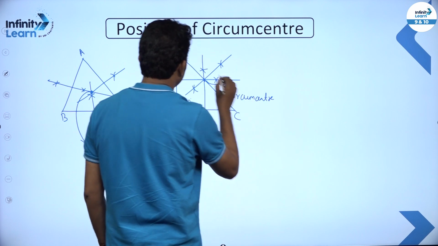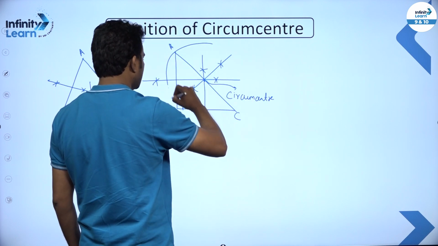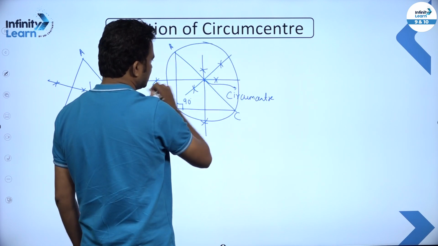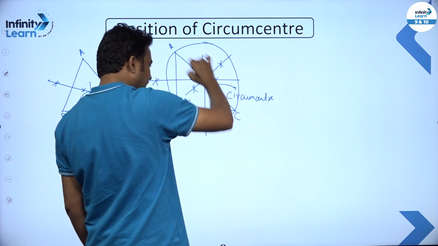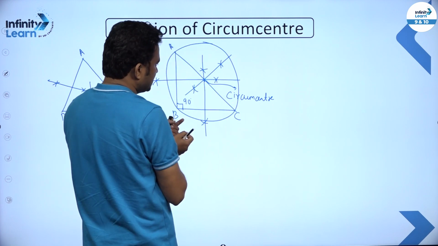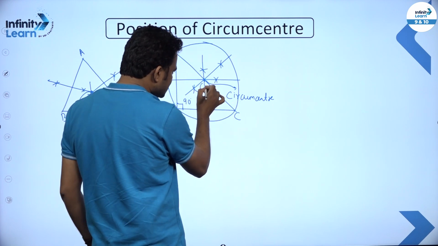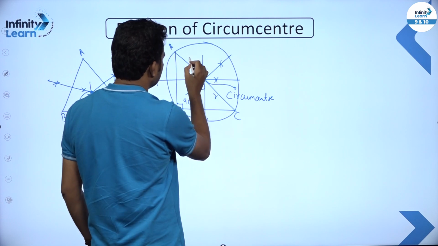And guys, if I draw a circle passing through these three vertices, then this AC will be the diameter, right? Because this is the chord passing through the center. So, we can say that if this is O, OC will be the radius.